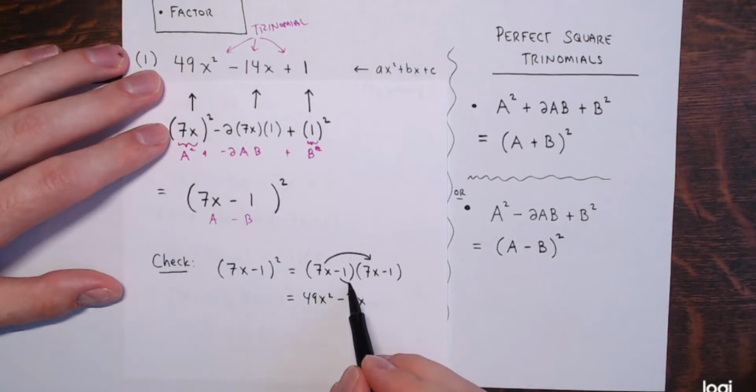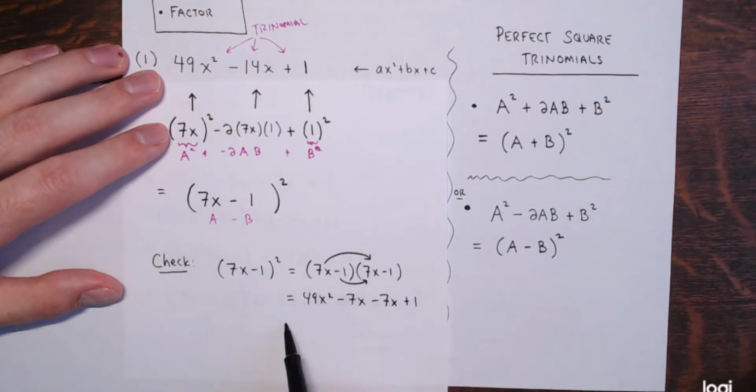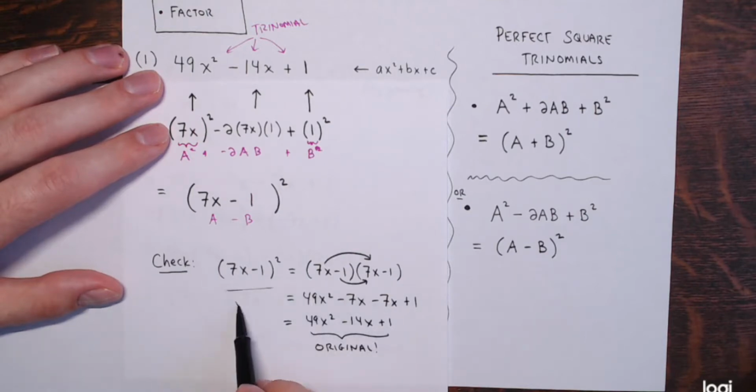Then you distribute the negative 1 to the 7x minus 1, and you get minus 7x again, and then plus 1. Combining the like terms, you get 49x squared minus 14x plus 1. And this is the original expression, so that means we did a good job.